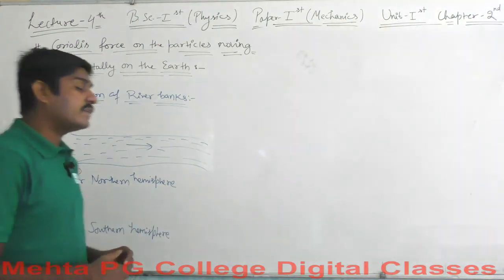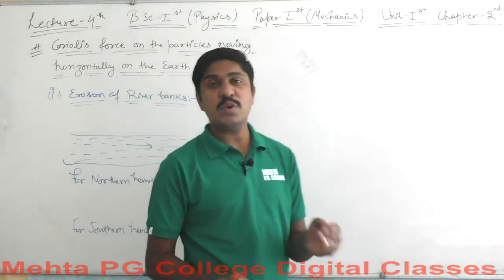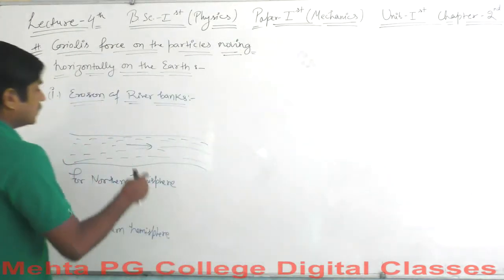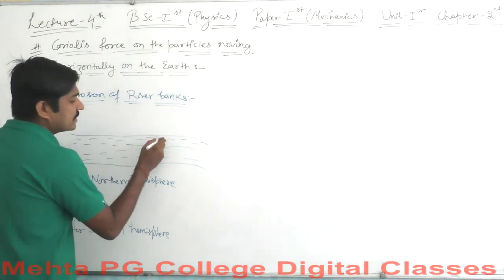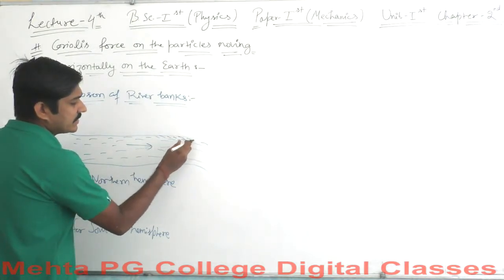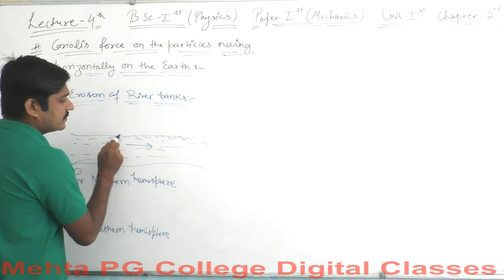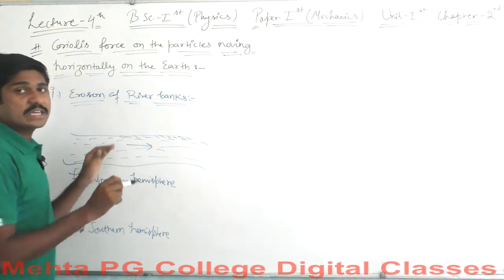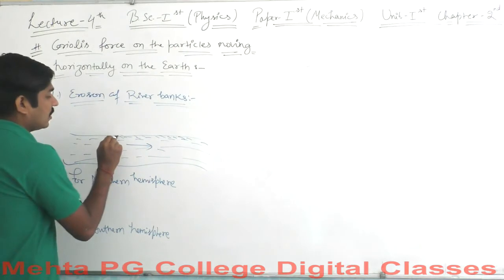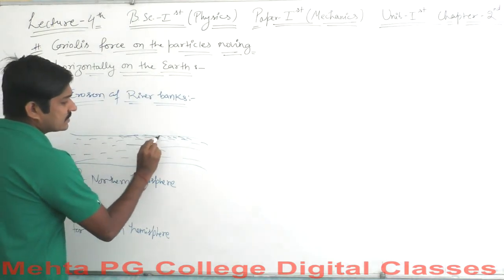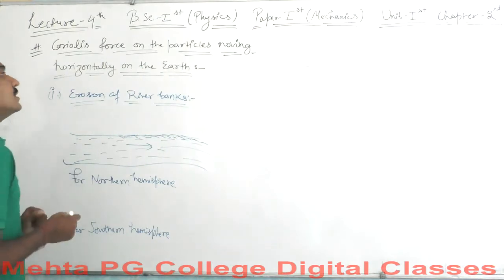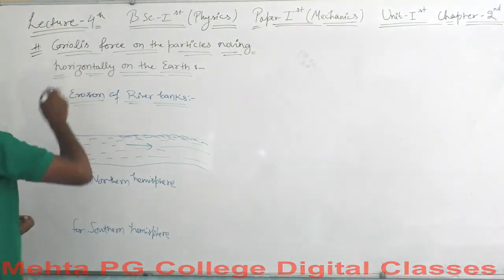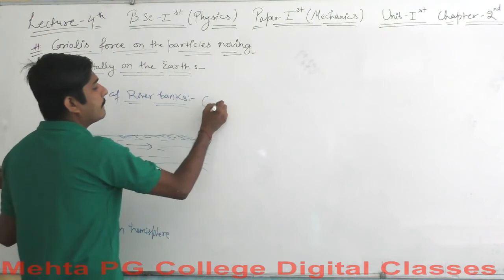So what will happen? Every time a river is flowing, you notice that certain areas on these banks keep being carried away by the river, and there will be some erosion there, or some cuts onto these banks. These cuts are due to the only thing we are talking about right now, the Coriolis force.